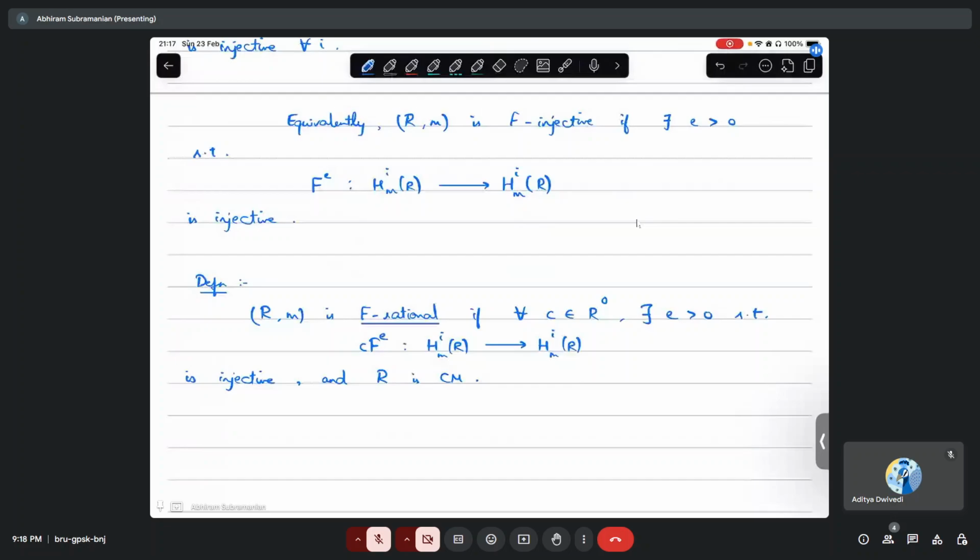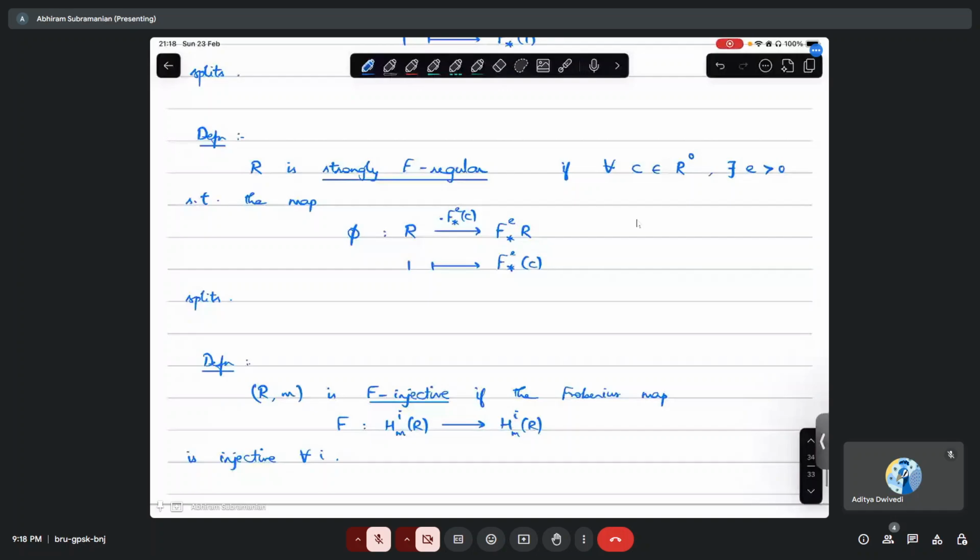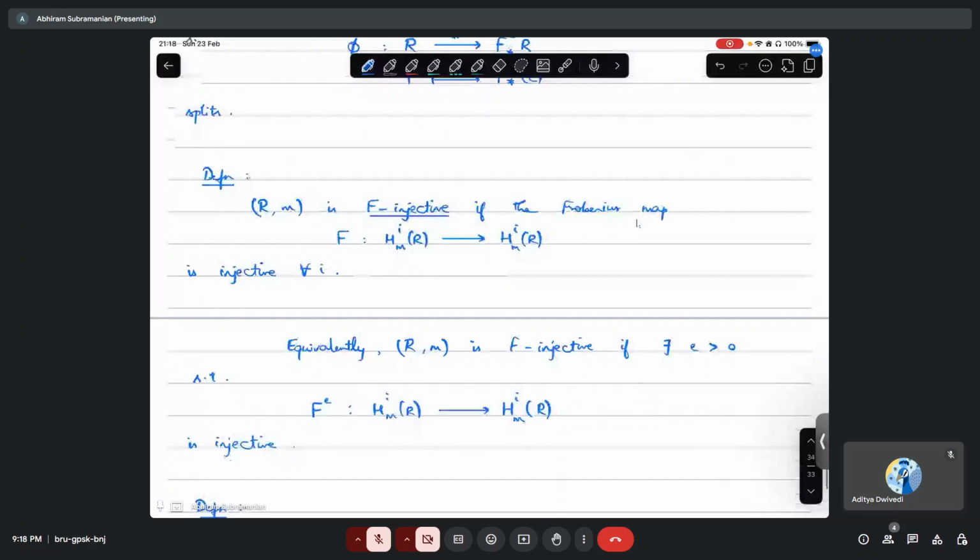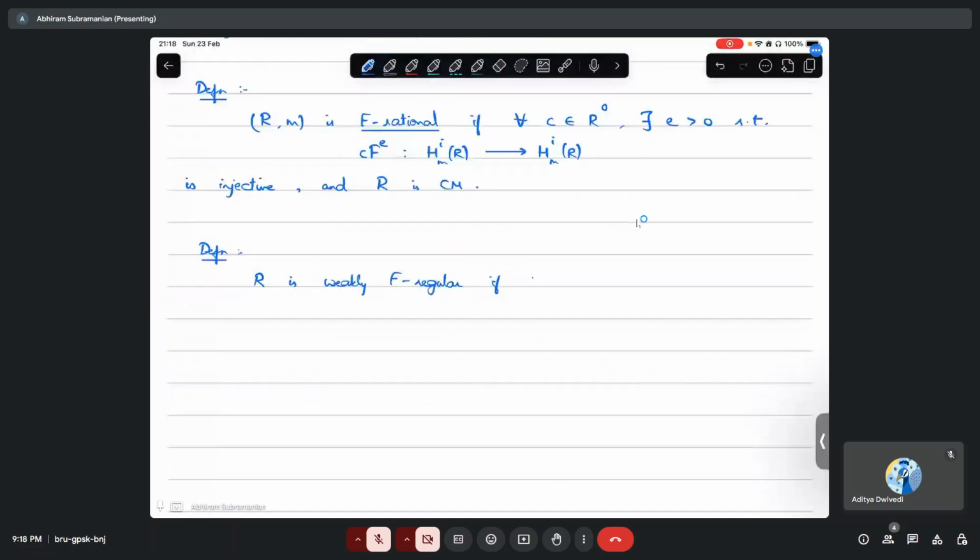Okay. So now R is weakly F-regular if I^* equals I for all I in R. This is the tight closure symbol, of the ideal. And what is F-regularity?